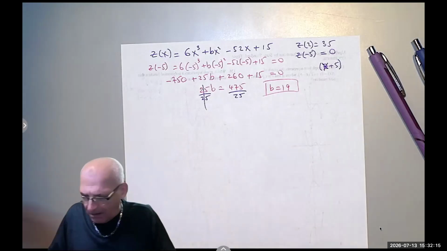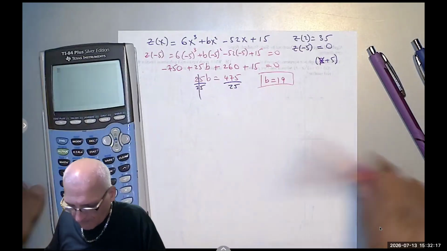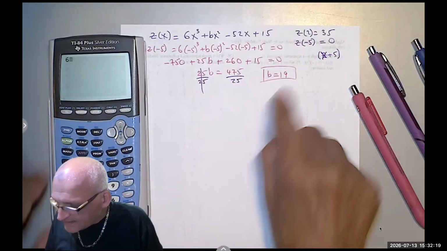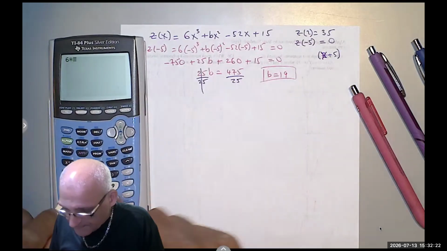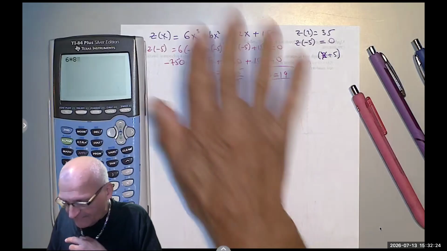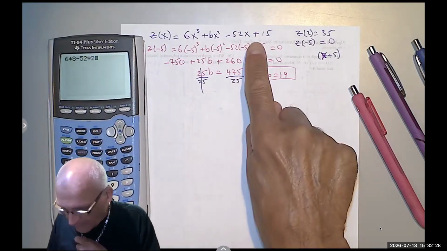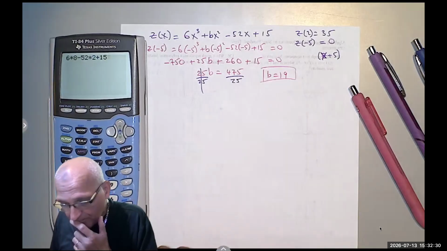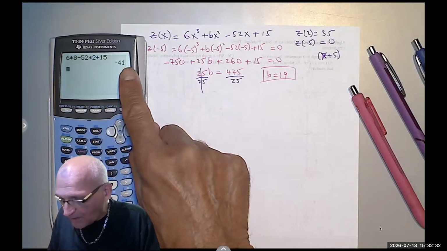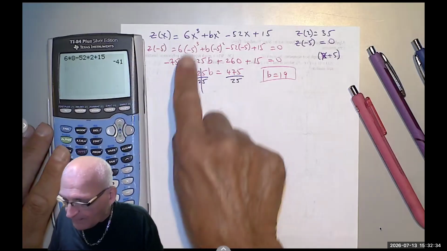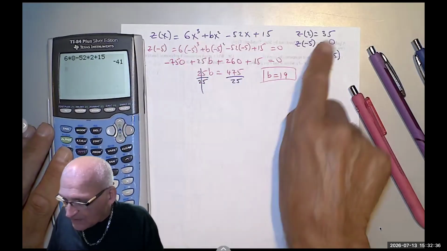Let's see. I'm going to multiply 6 times 8 and leave this for now. Minus 52 times 2 plus 15, I get negative 41. Negative 41 plus something equals 35.